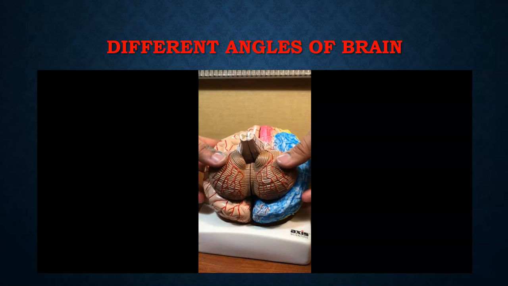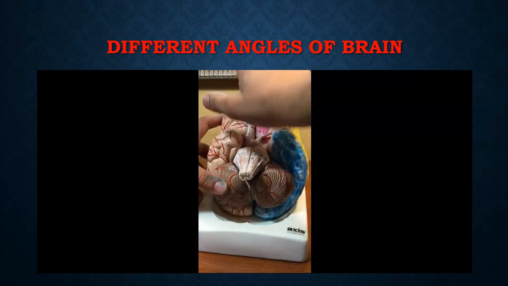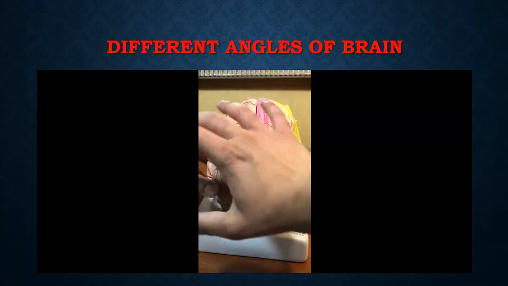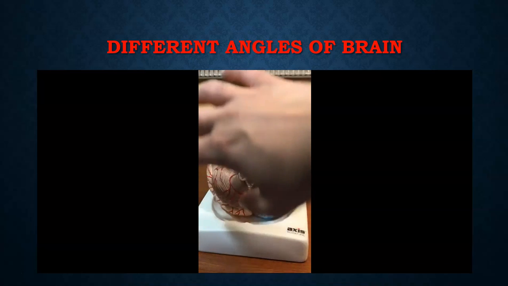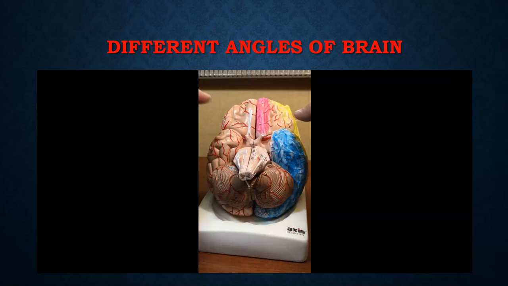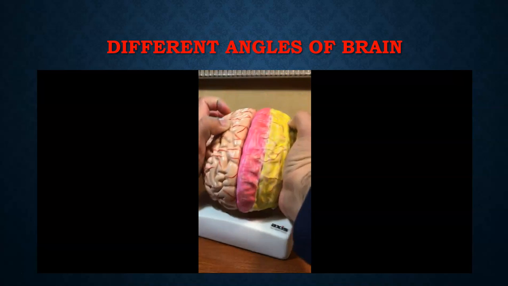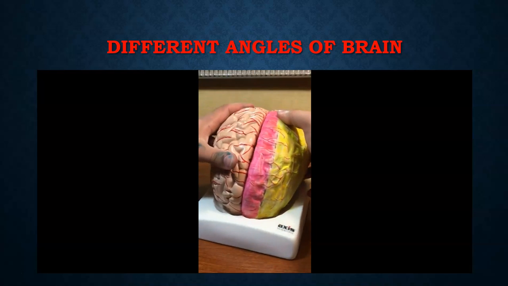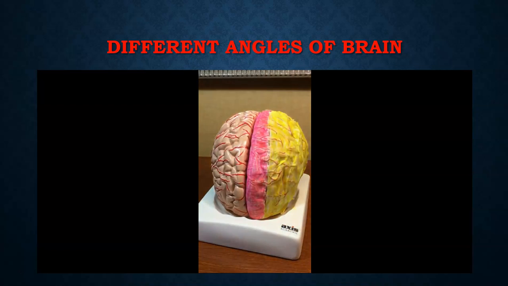If you're looking at the brain from the bottom up, this is the inferior view. Now if I bring the head straight like this, with the frontal lobes, this is a superior view of your brain, looking from the top.